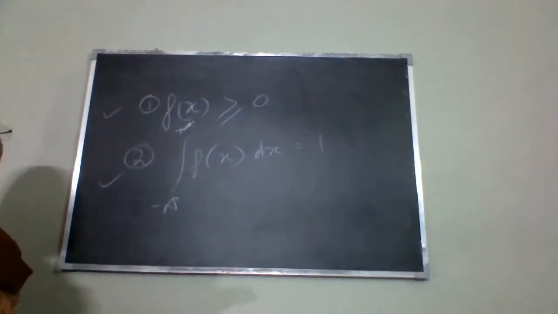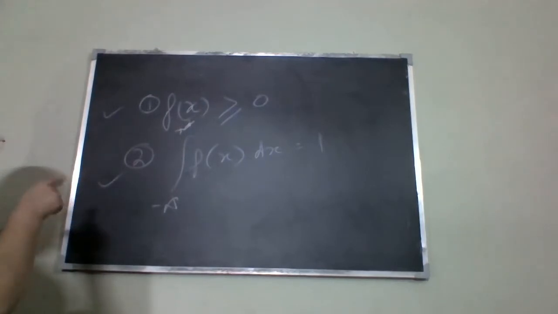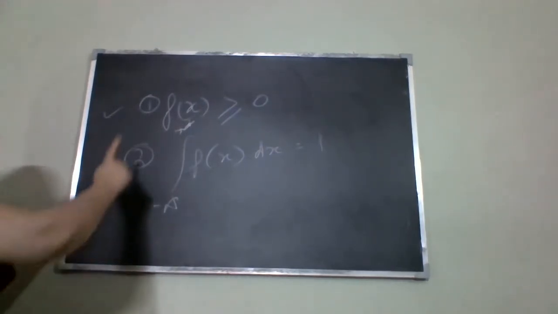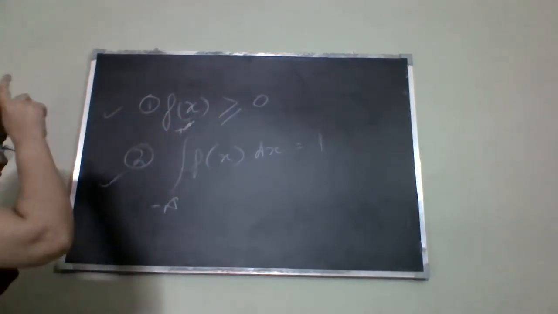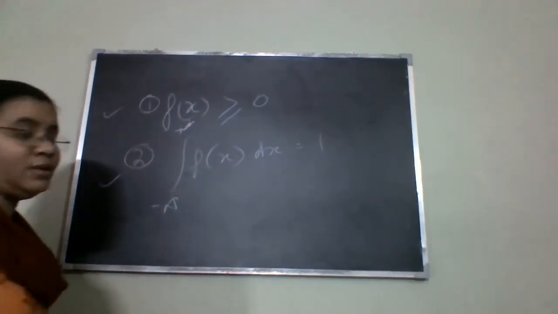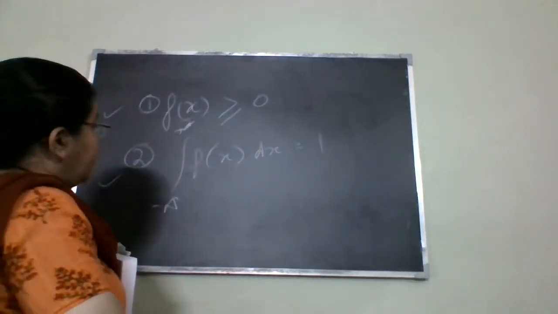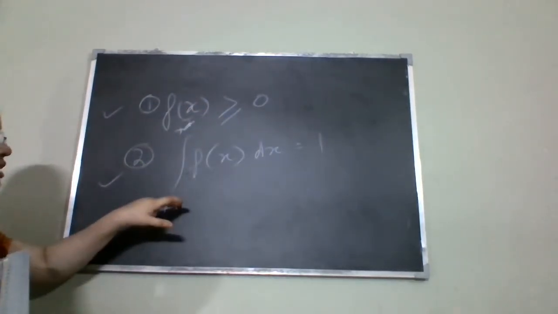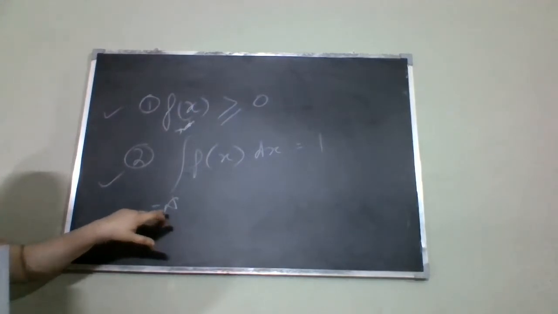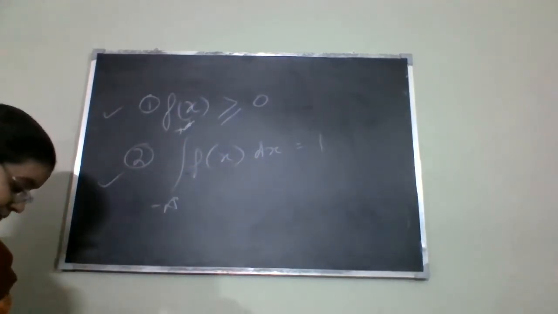Now we have known what a probability density function is, and we have studied two of its properties. The first is that the value of f(x) is always greater than or equal to 0, and the second is that the integration of f(x) over the range minus infinity to plus infinity is always equal to 1.